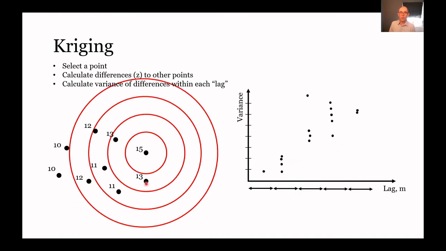And then once we've got all of our points done, once we've covered the whole of the data set and calculated the variance within each lag from each point, we can then draw a best fit line in some way through our variogram. And this represents the theoretical model for how the variance changes with distance from a point.